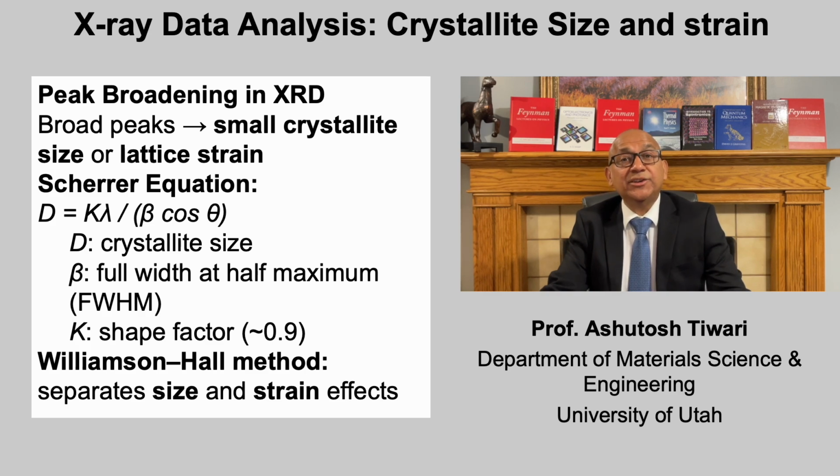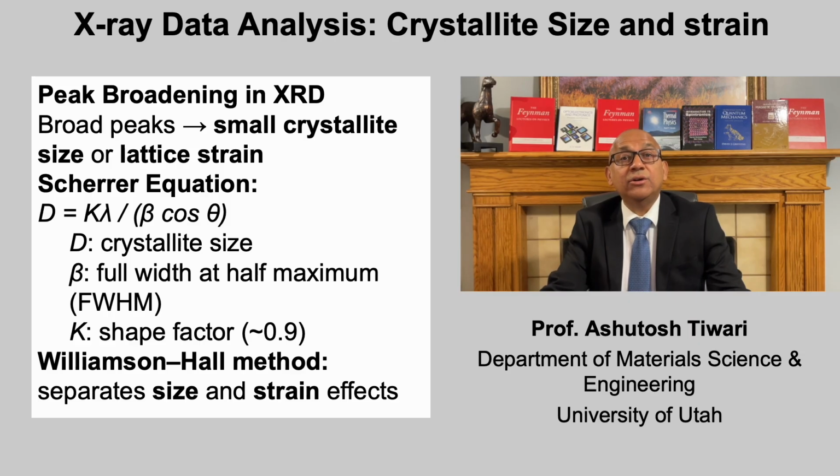To estimate crystallite size, we commonly use the Scherrer equation, which relates the crystalline dimension to the wavelength of the X-ray, the peak width at half maximum, and a shape factor. A larger full width at half maximum corresponds to a smaller crystallite size, so this simple relationship provides a first order estimate of nanoscale dimensions. However, peak broadening is not caused by size alone.